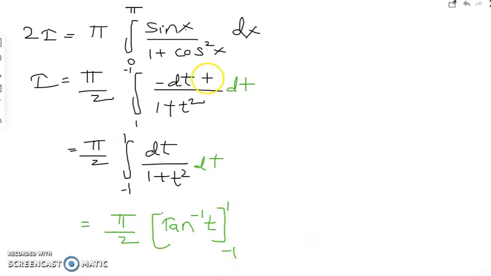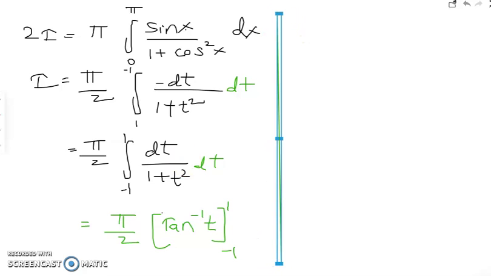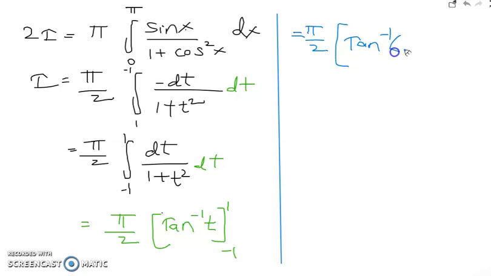Right? Now just let's take the limits and keep them. Is equal to pi by 2 times tan inverse of 1 minus tan inverse of minus 1, right? Tan inverse of 1 is nothing but pi by 4.